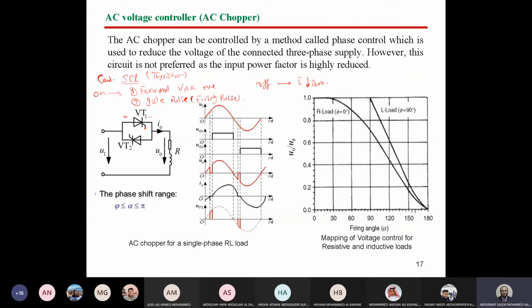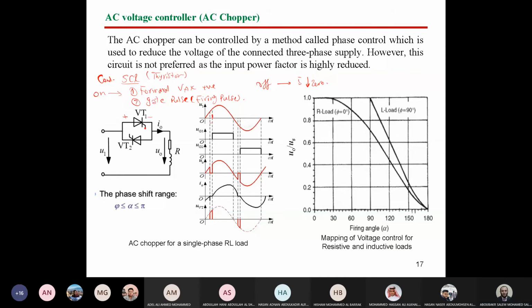So let's see here the operation, Shabab. We have an RL load. We have two back-to-back thyristors. Why two back-to-back? Because one will work in the positive half cycle and the opposite one will work in the negative half cycle. Let's see the operation together in the positive half cycle. We apply here at this instant a firing pulse.